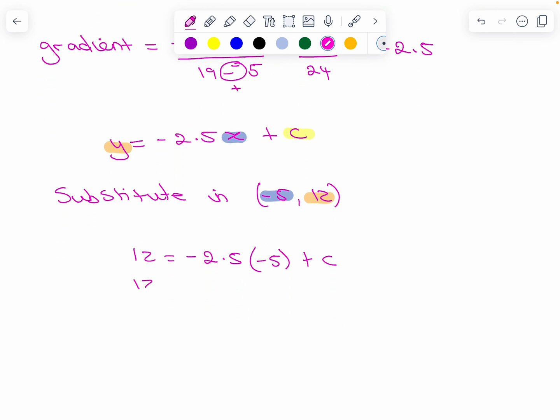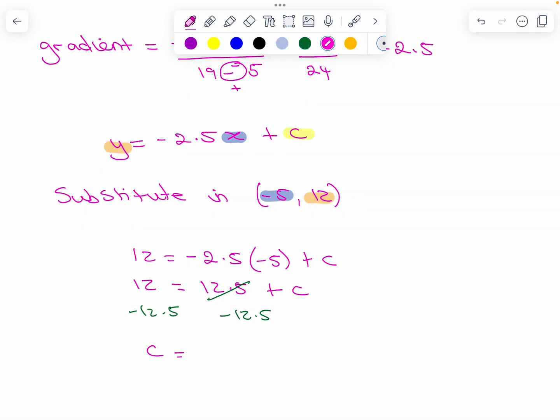So then I work it out, and I can use my calculator if I want. So minus 2.5 times minus 5 is positive 12.5 plus c. And then I take away 12.5 from both sides. Take away 12.5 from both sides to leave c on its own.